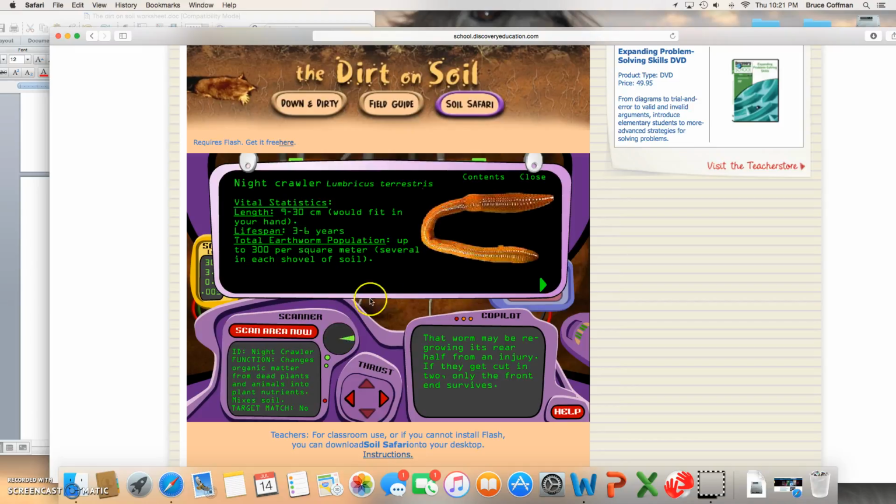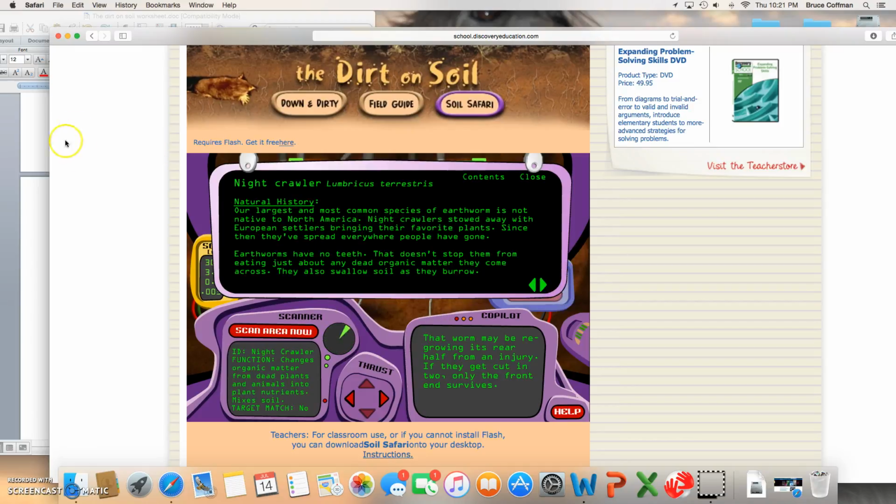Then we go move over. And that's something I just learned, is that it's not native to North America, but they're very helpful.